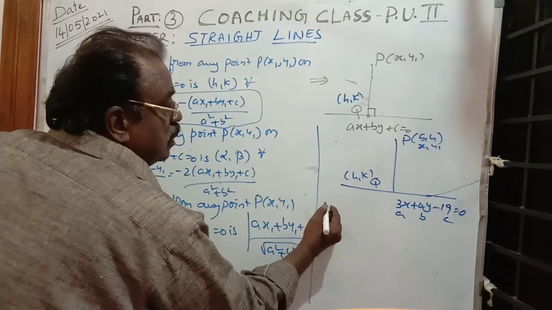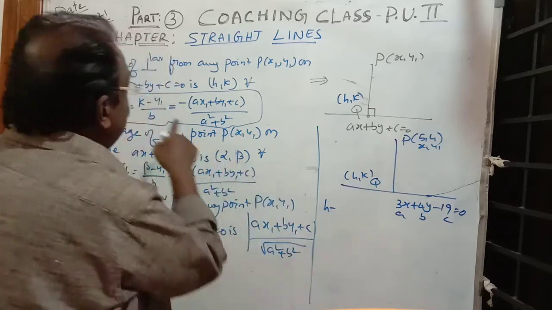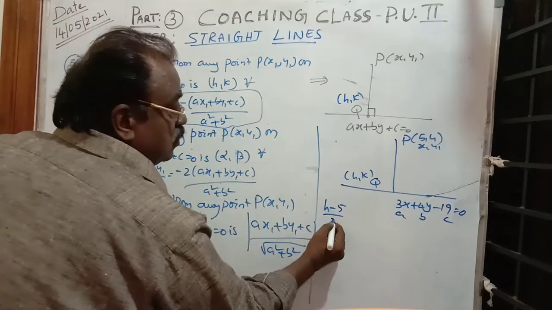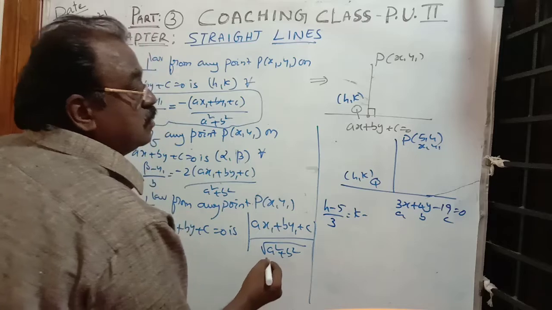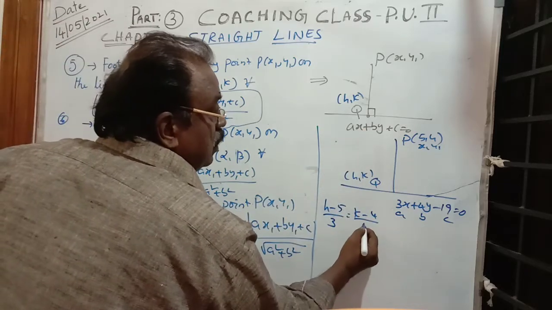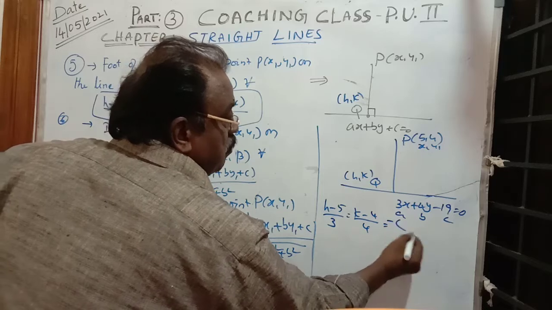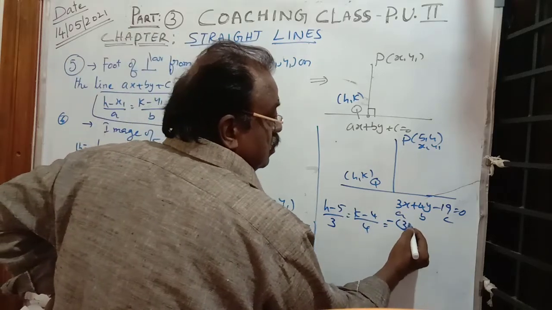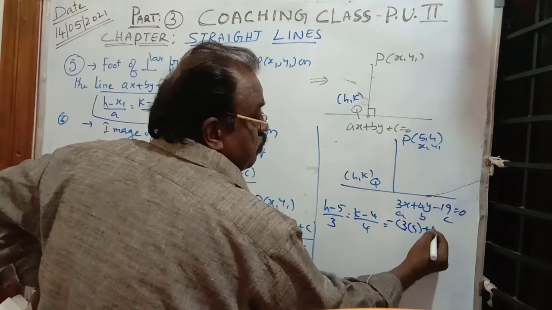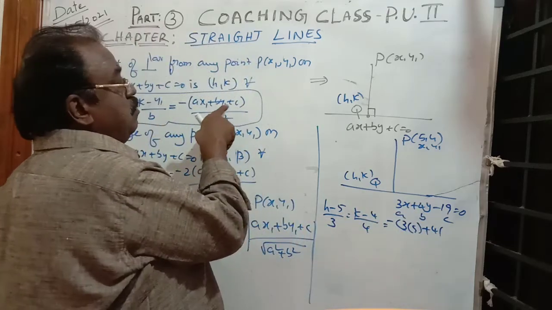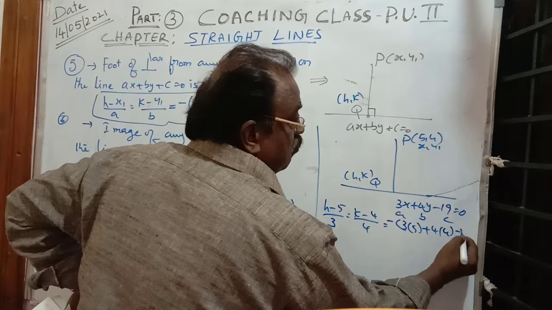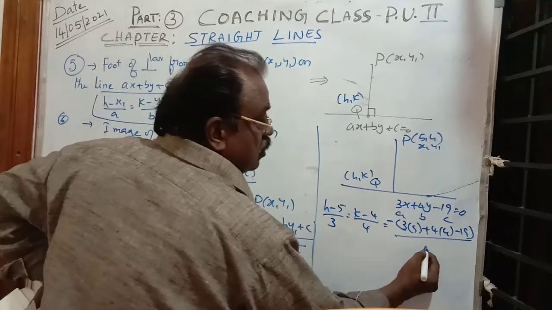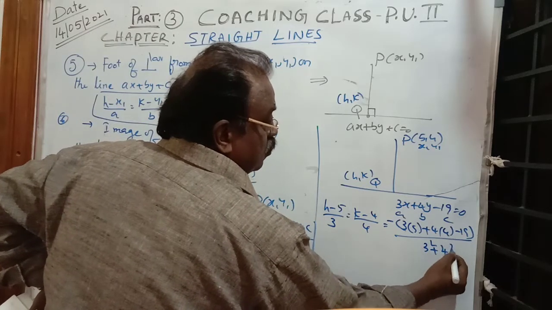Using this formula, h minus x1 is h minus 5, by a which is 3, equal to k minus 4 by b which is 4, equal to minus of a x1, a is 3, into x1 which is 5, plus b into y1, 4 into 4, minus 19, by a square plus b square, that is 3 square plus 4 square.